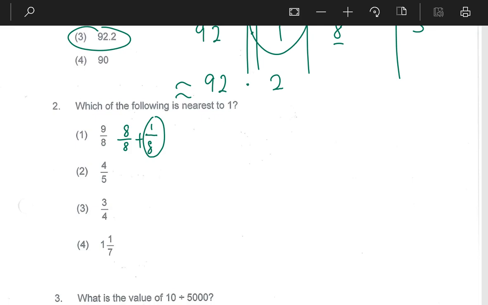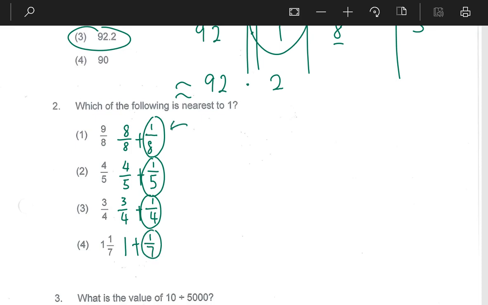Over here, it is actually 4/5, but it requires a 1/5 to make a whole. Over here, 3/4, you require a 1/4 in order to make a whole. And over here is 1 whole, and it exceeded 1 whole by 1/7.